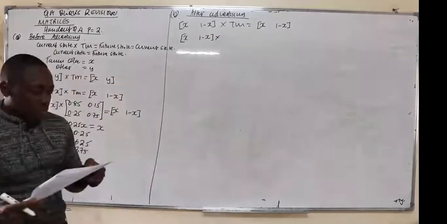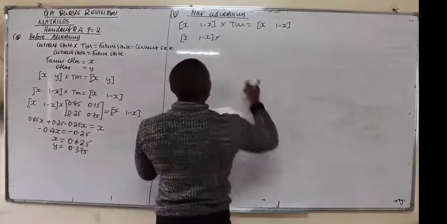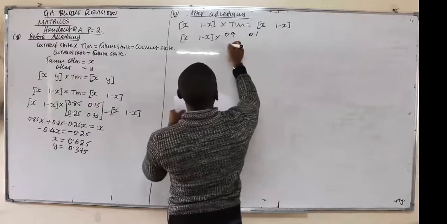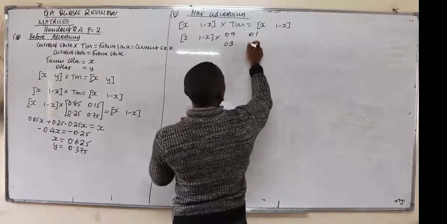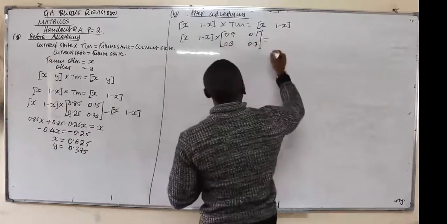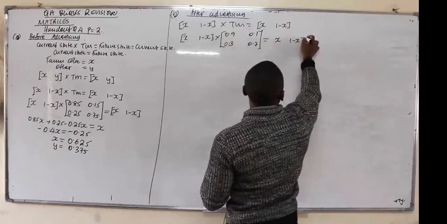And you're given the transition matrix after advertising. You're having 0.9, 0.1, 0.3, 0.7, and it should be equal to X, 1 minus X.